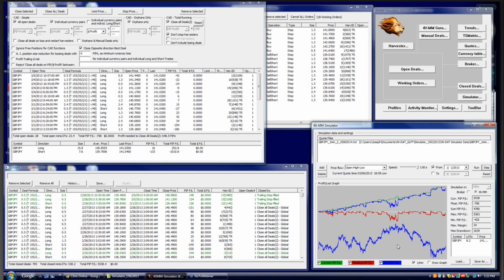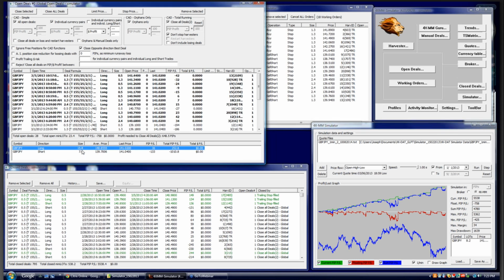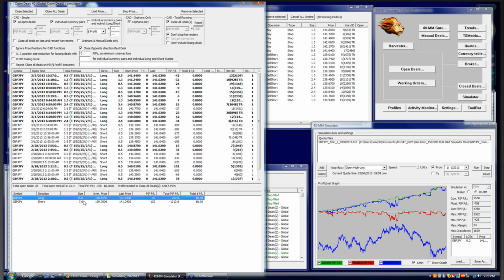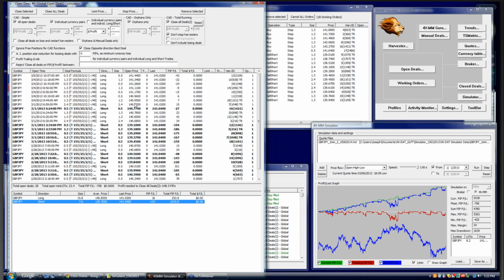This is a very basic question, and the very basis of our trading strategies. Look at our open deals window. There are a total of 28 trades. These 28 trades are comprised of 15.8 mini lots long, and those are the bold ones here. Let me try to open this a little bigger. If I click on the summary of the shorts, then the short trades will be bolded, highlighted: 7.6 mini lots short.